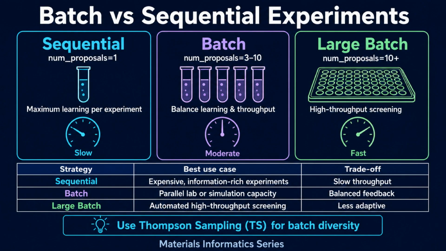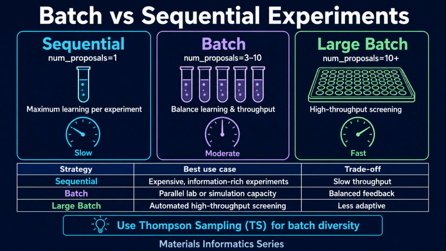NIMO supports different experimental strategies depending on your throughput capabilities. Sequential mode with num_proposals equal to 1 gives maximum learning per experiment, as the AI fully updates its model before each selection. This is ideal when experiments are expensive or slow. Batch mode with 3 to 10 proposals balances learning and throughput, letting you run parallel experiments while still benefiting from AI guidance.